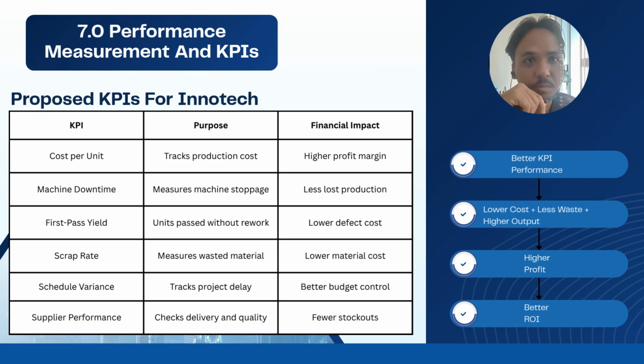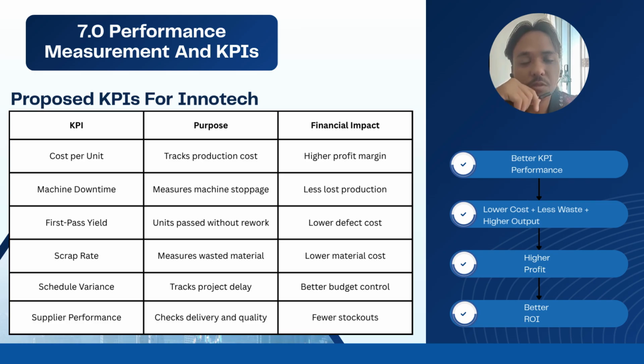Scrap rate measures wasted material, and the impact is lower material cost. Schedule variance tracks project delay, which leads to better budget control. Lastly, supplier performance. The purpose is to check delivery and quality to make sure that there are fewer stockouts.